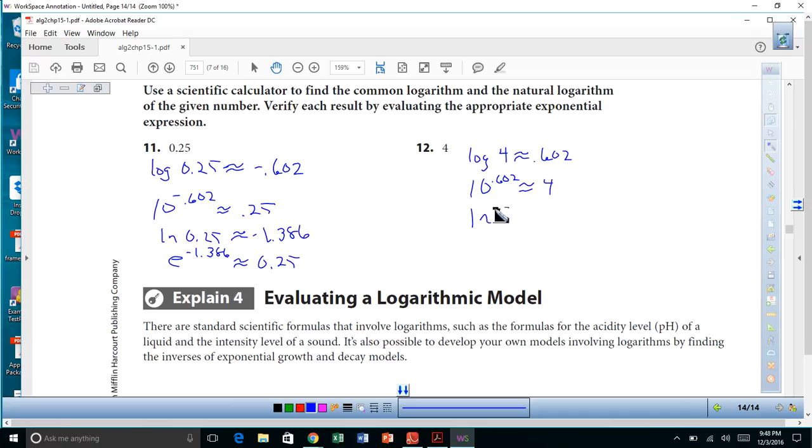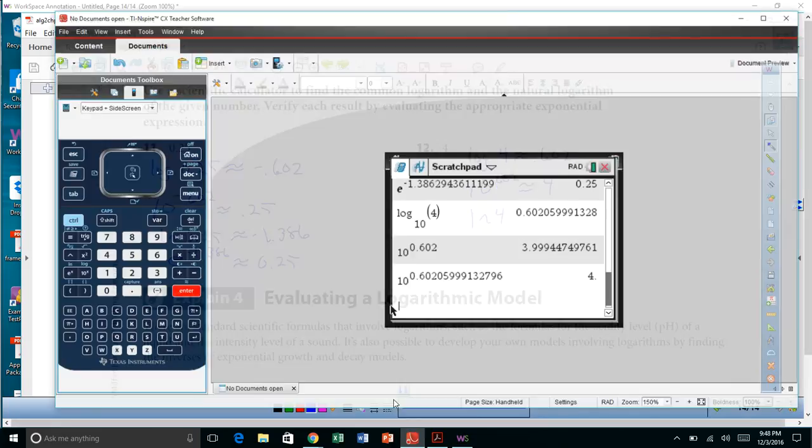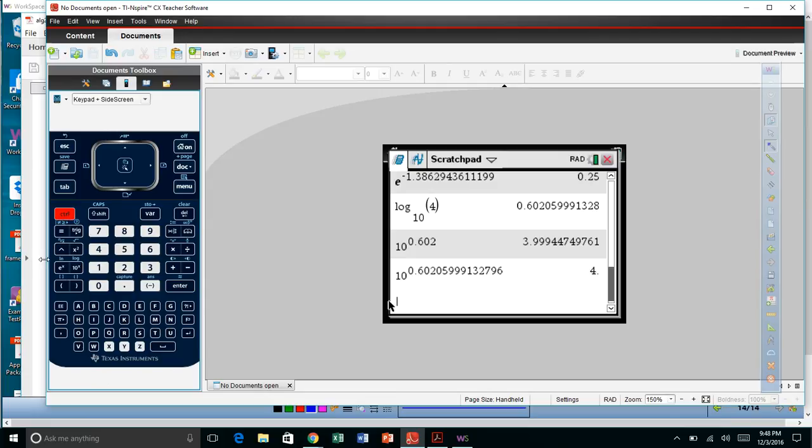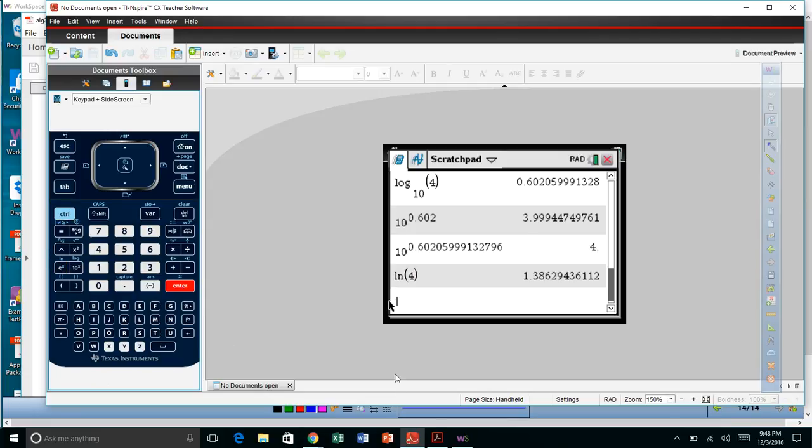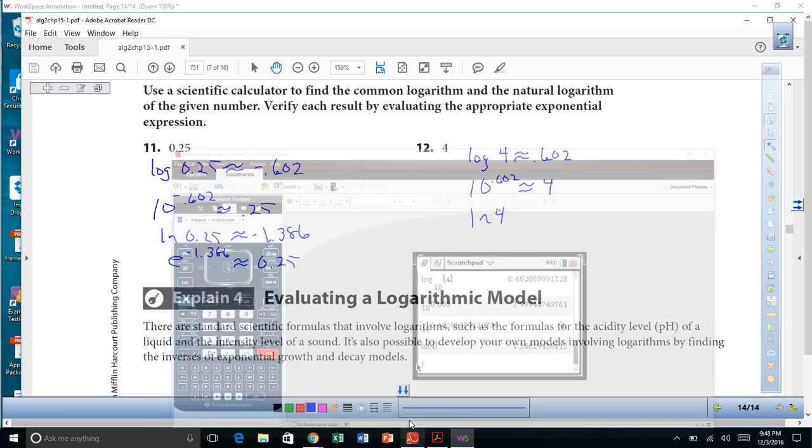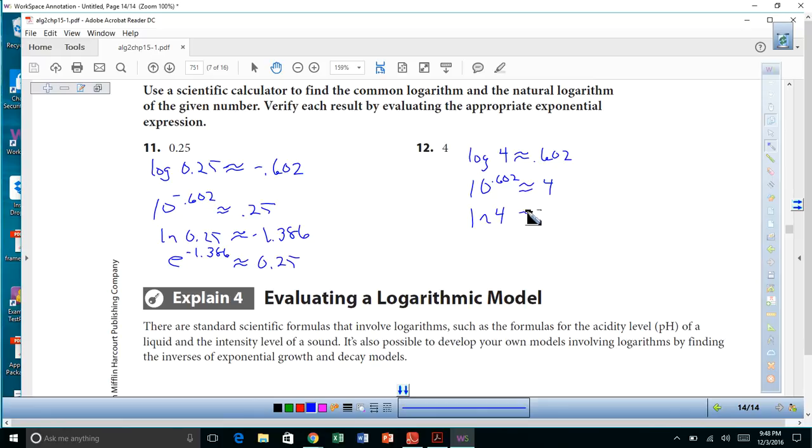The natural log of 4 is 1.386. Back to the natural log of 4, that's approximately 1.386. So e to the 1.386 is going to be approximately 4.